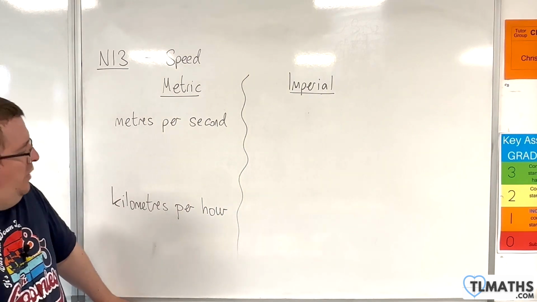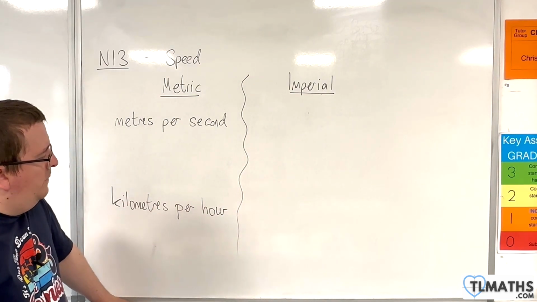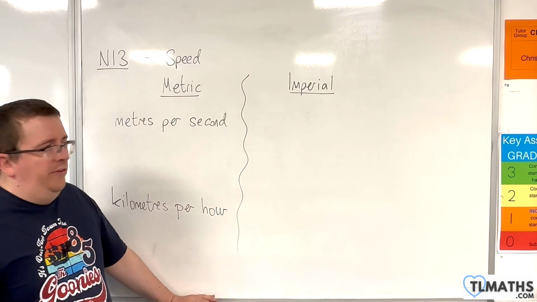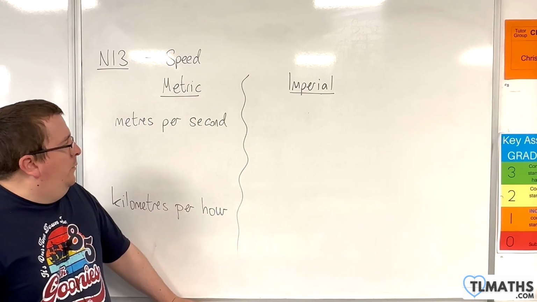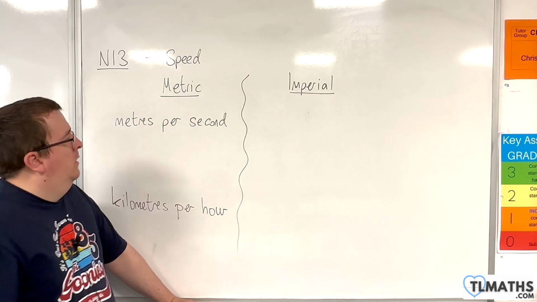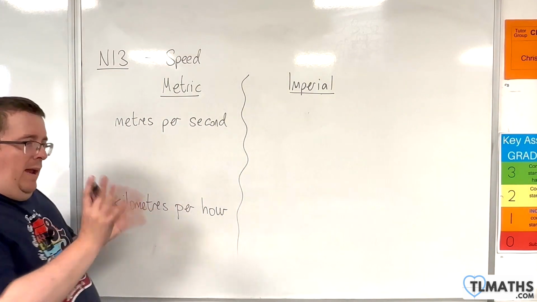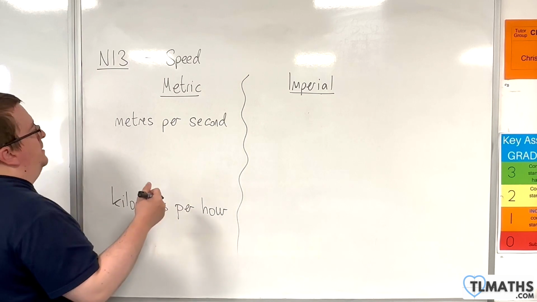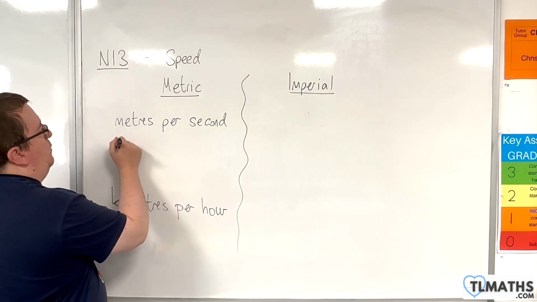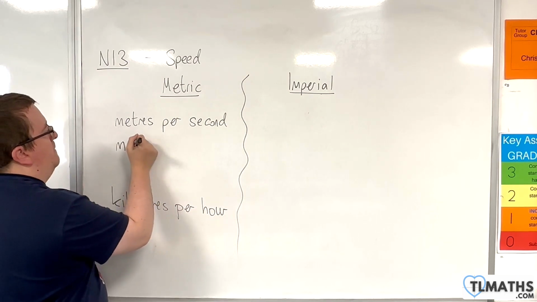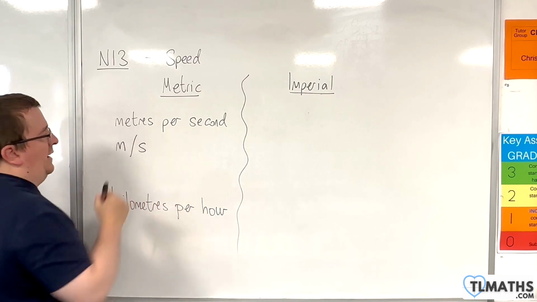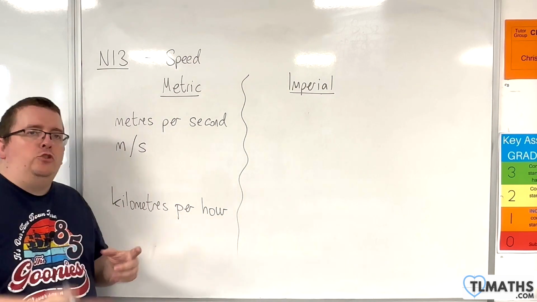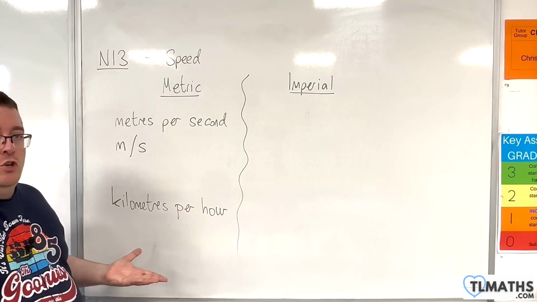Okay, so obviously used in slightly different contexts. Now, how they're written depends on who's writing it as well. So meters per second, you may well see like this: meters per second with a backslash, almost to represent a fraction, really.